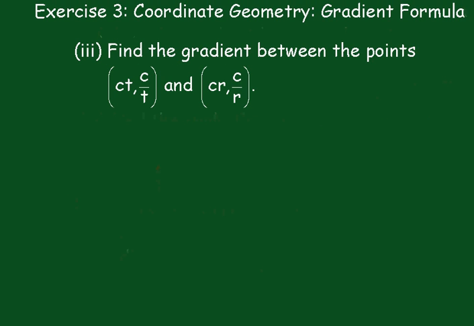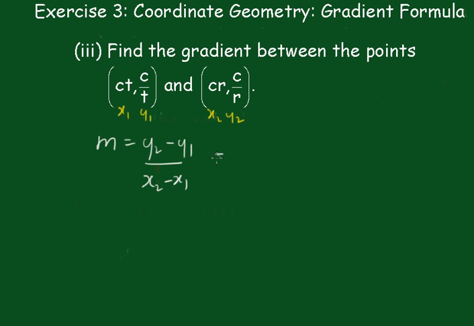Okay, now for the harder algebraic one. So we write down this M equals y2 minus y1 over x2 minus x1, x1, y1, x2, y2.